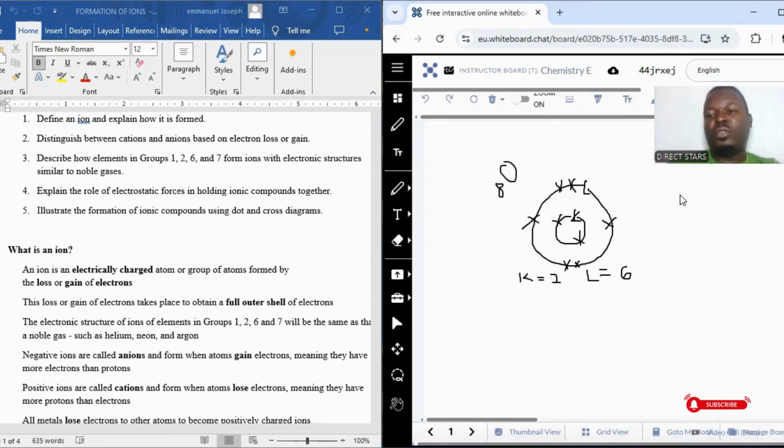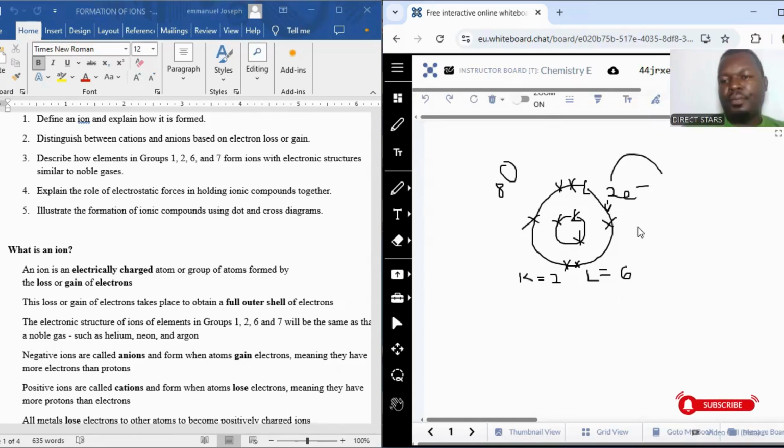So it will gain 2 electrons. By the time 2 electrons come into this, you have 2 electrons at the K energy level, K shell, and then you have 8 electrons now instead of 6.